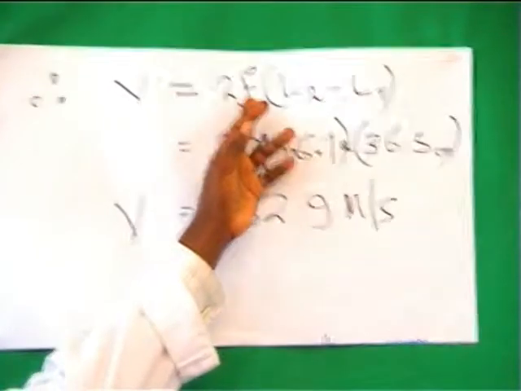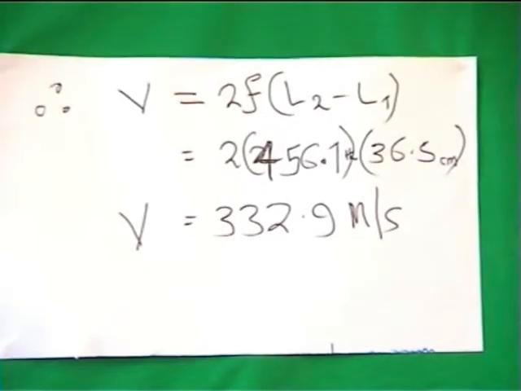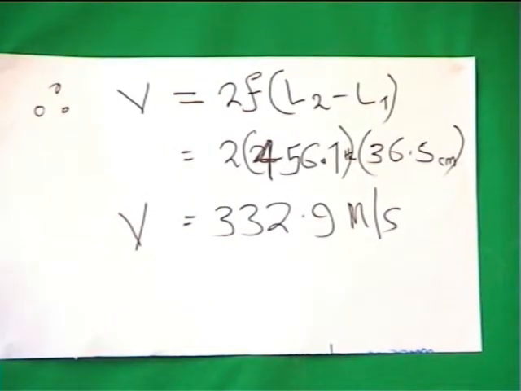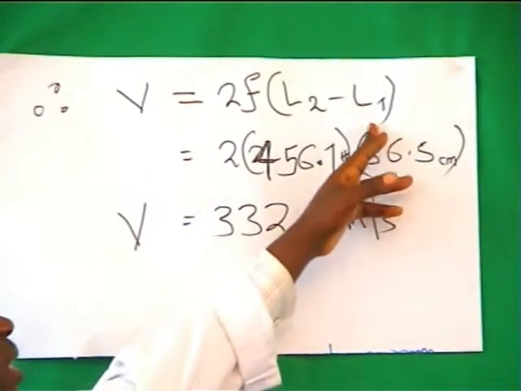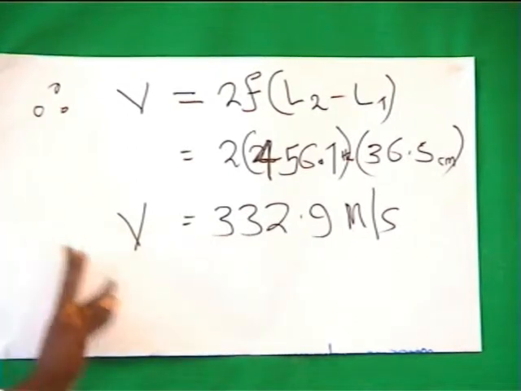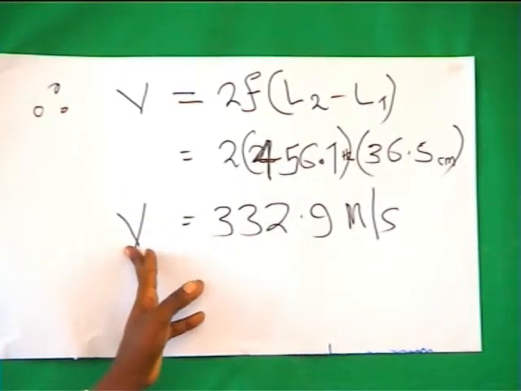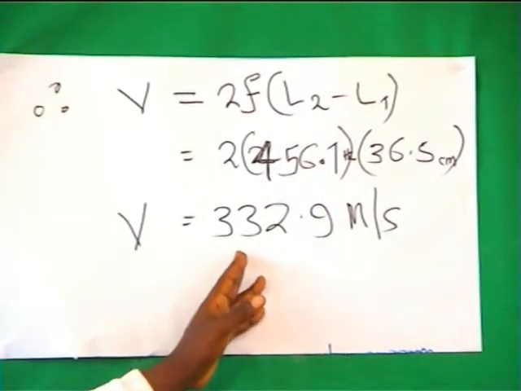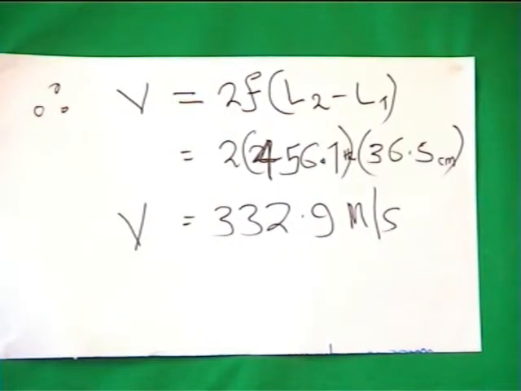The frequency is given here, and the difference L2 minus L1 we have calculated. Substituting the values, the velocity of sound in air is 332.9 meters per second according to this experiment.